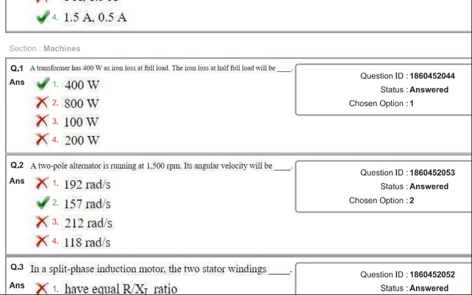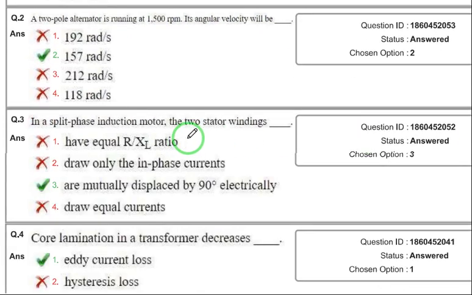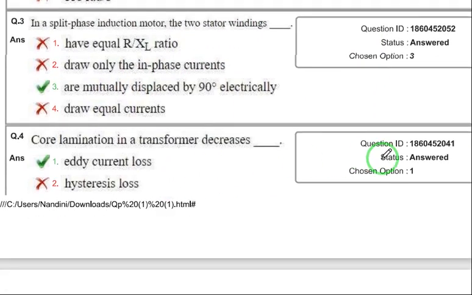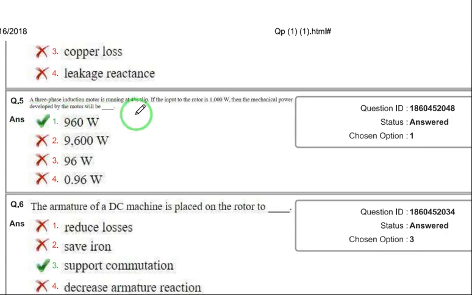Anyway, regarding machines we can see in other videos. Just observe what kind of questions are given. A transformer has 400 watts iron loss at full load, and the iron loss at no load is asked. And a 2-pole alternator running at 1500 rpm, its angular velocity is asked. And in a split phase induction motor, the two stator windings; and if core lamination in a transformer decreases, then what happens? A 3-phase induction motor is running at 4% slip.